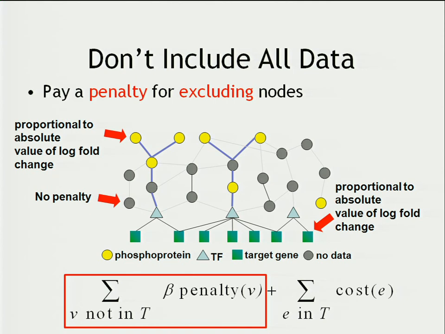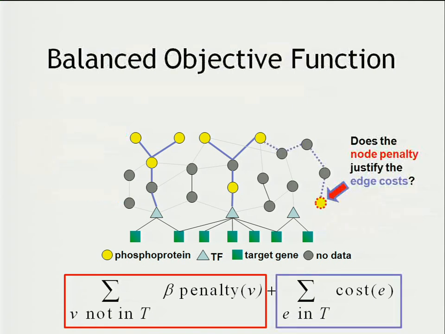Many of these experimental hits, whether they be phosphoproteomics, change each other through the network. If the algorithm does not include it, it's a penalty. If we do include it, it pays a cost. That allows the algorithm to decide whether a node like this is worth being affected. Is it worth paying the edge costs or the penalty for exclusion?